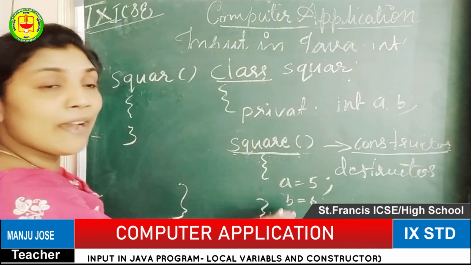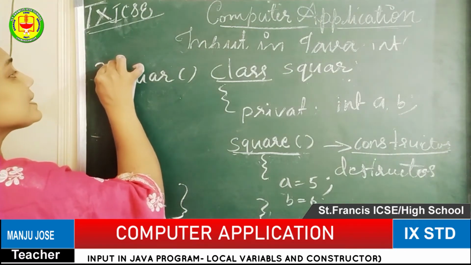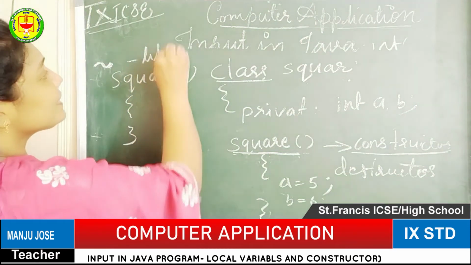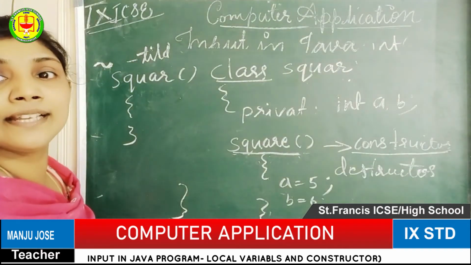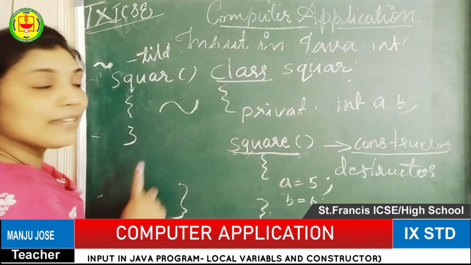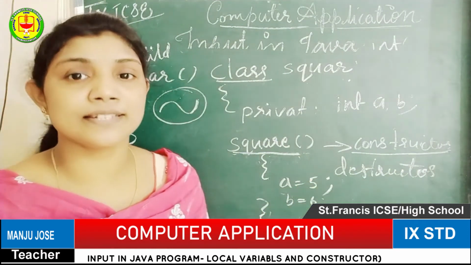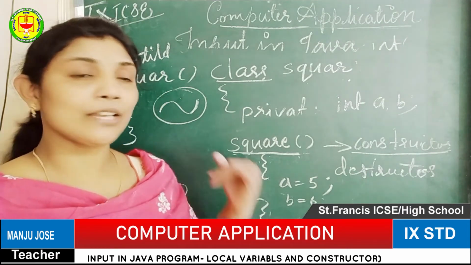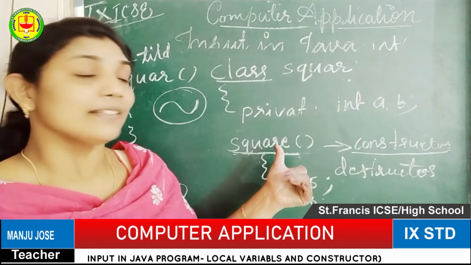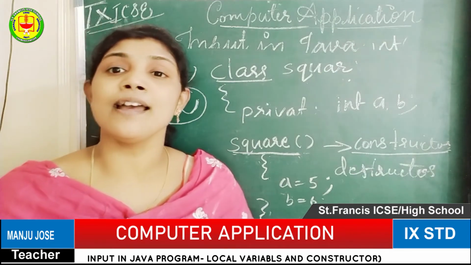You don't need to define any variable, but before giving the name you have to use this symbol, known as the tilde symbol. You can find the tilde symbol on the keyboard; it looks like a wave. This symbol represents destruction. Constructor means the same name of the class without the symbol. The same name of the class with the tilde symbol is called a destructor.